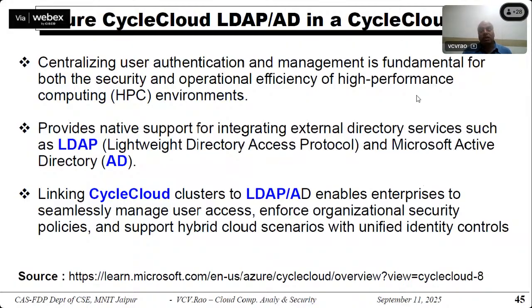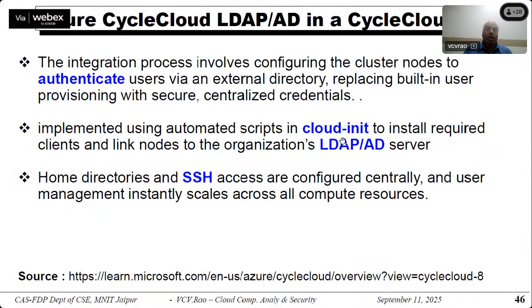How do you integrate with user access, and how do you enforce security policies? These are also very, very important. That means we need to see the users' home directories and SSH access. We need to configure centrally, and we need to integrate with the LDAP protocol and AD services with the client server systems very carefully. All these things are very, very important when it comes to Azure CycleCloud also.